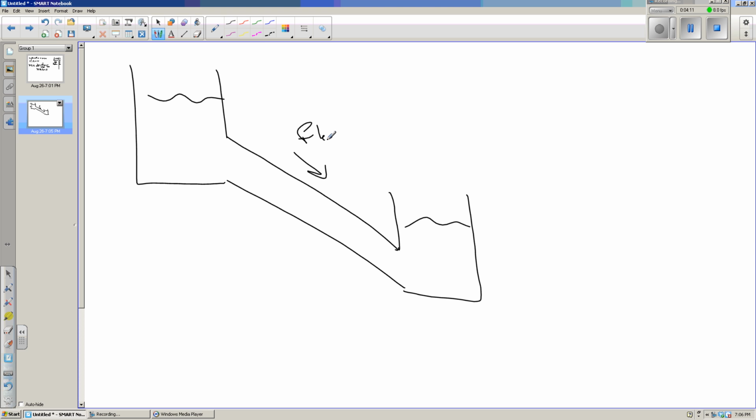And that flow is going to be a function of the pressure difference between the two, right? So we've got this pressure difference between 2 buckets. We have a flow. Well, to put it on the nose here, we can say the flow is going to be current. And the pressure then will be voltage.